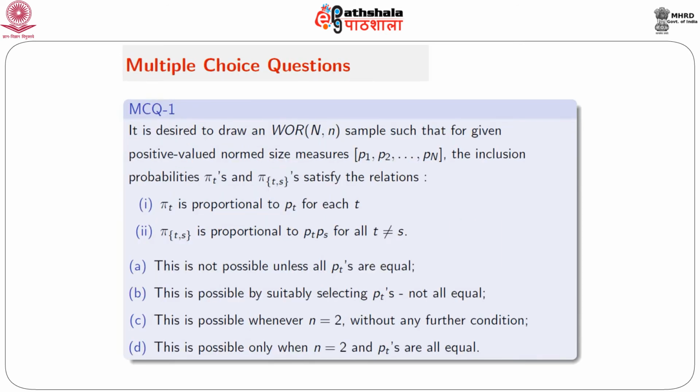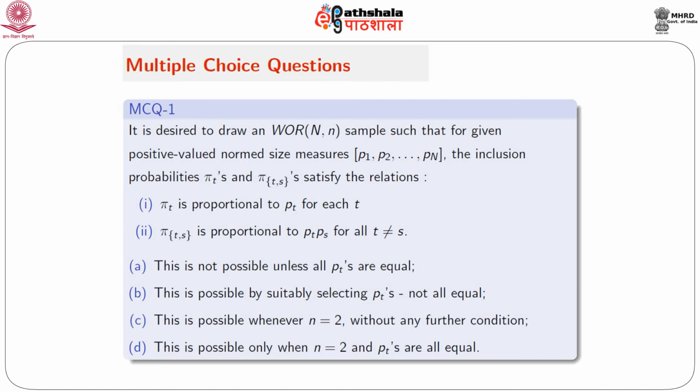Let us look at MCQ 1. Please read it out. It is desired to draw a without replacement sample of size n in capital N, such that for given positive valued normed size measures P1, P2, up to Pn, the inclusion probabilities pi t's and pi ts's satisfy the relations: pi t is proportional to pt for each t, and pi ts is proportional to the product pt ps for each t unequal to s.